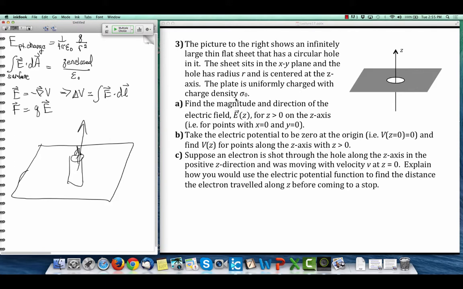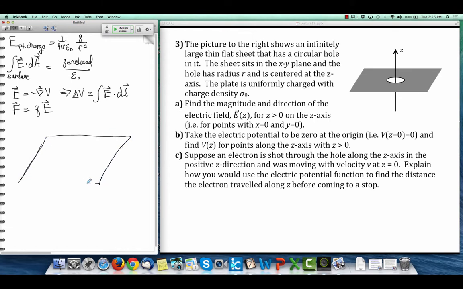Well, if you think of the plate as positively charged, then the plate with a hole in it is equal to a positively charged plate plus a little circular piece that's negatively charged. So the infinite sheet is positively charged at sigma 0.